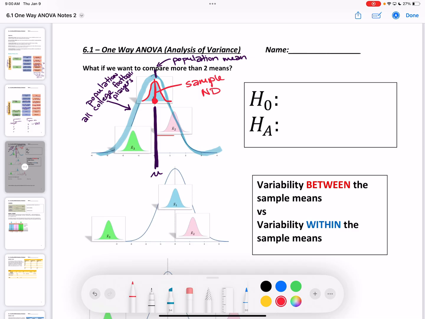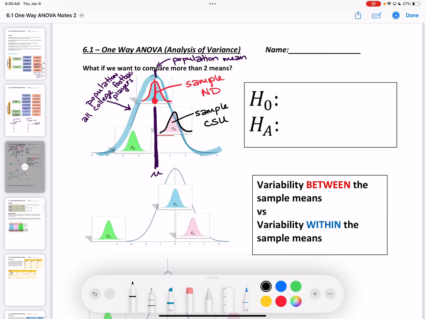Whereas if you look at this next one right here, this sample is still from the population of football players, but maybe this is a sample. Who do y'all watch? I'm just going to make one up. Colorado State, so CSU, maybe? We're going to make that up if it's not.